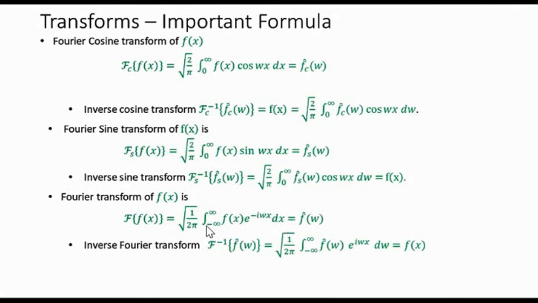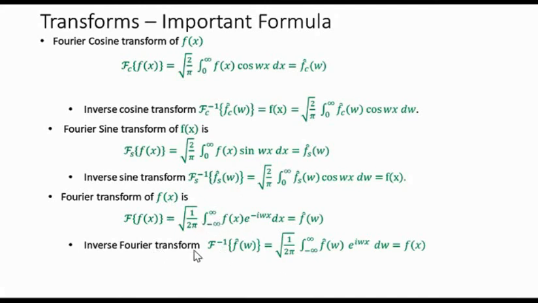And you should observe that the integration is from minus infinity to infinity, and the function will be given in a range minus infinity to infinity here. Whereas for the sine transform and the cosine transform, the functions will be given only in the positive part, that is from 0 to infinity. F of x will have its x ranging from 0 to infinity, whereas here it will be ranging from minus infinity to infinity.